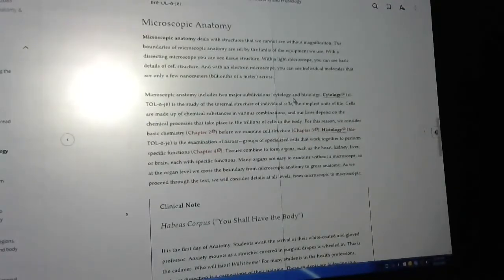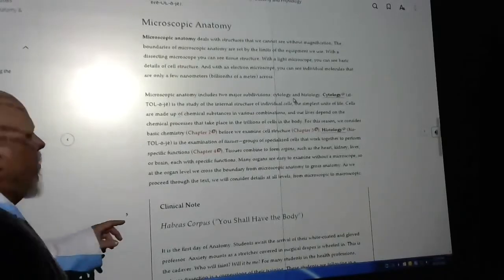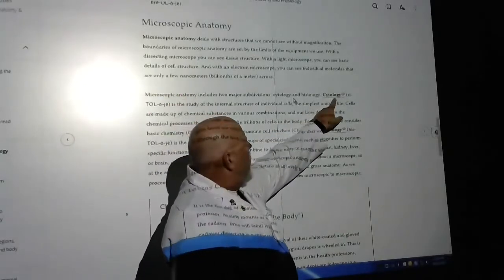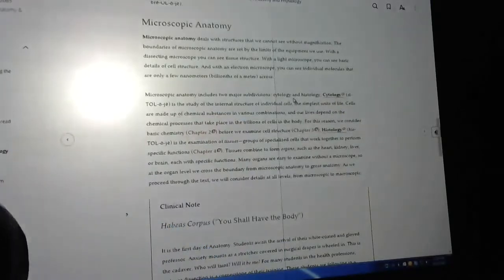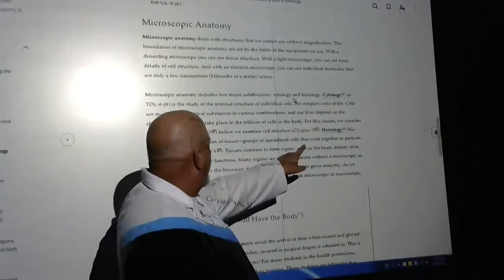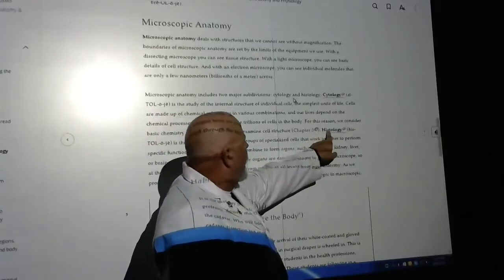Looking at cells is called cytology, so anytime you see cyto, it refers to cells. Histology, histo, is tissue, so this is the study of tissue.